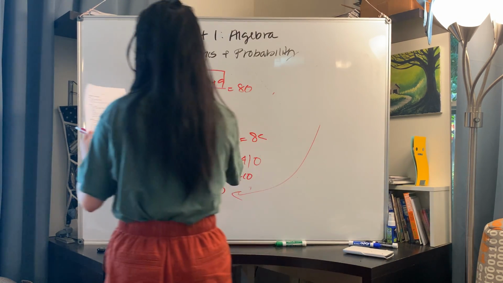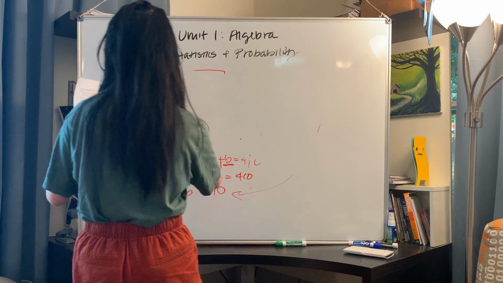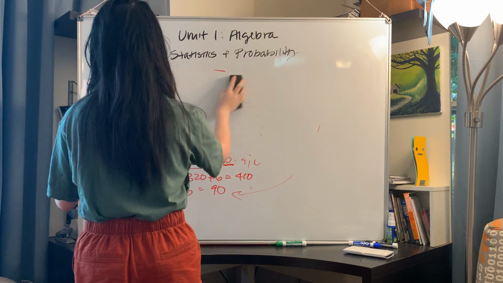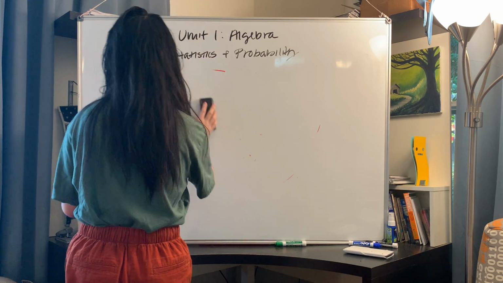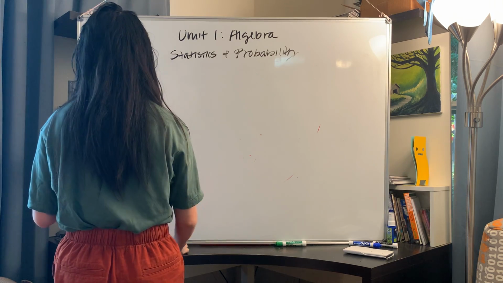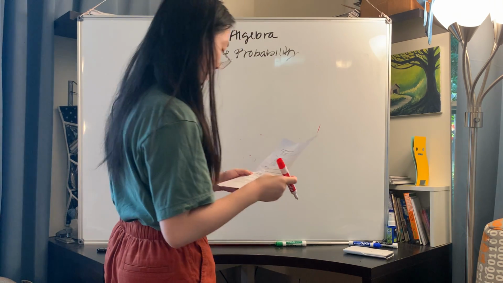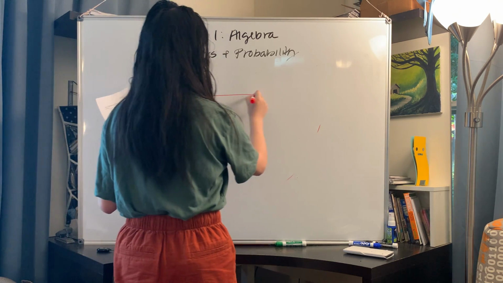The arithmetic mean of 12 scores is 82. When the highest and lowest scores are removed, the new mean becomes 84. If the highest of the 12 scores is 98, what is the lowest score? Okay, so first of all, we have 12 scores.